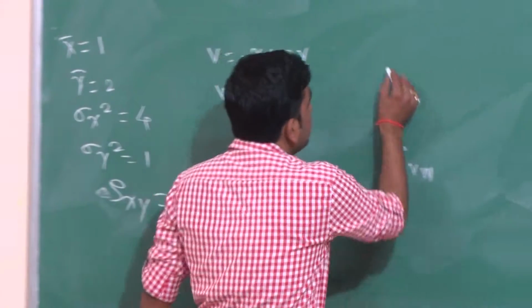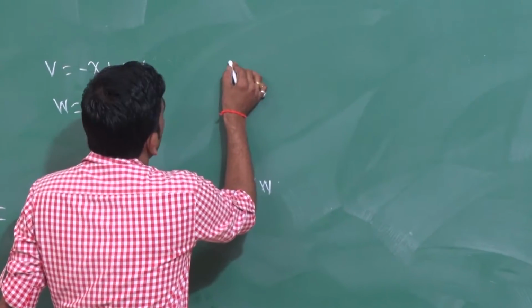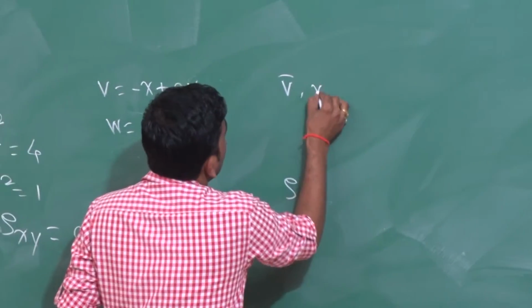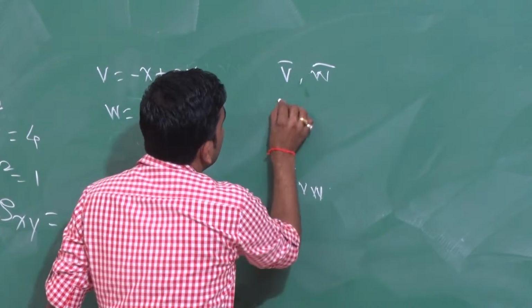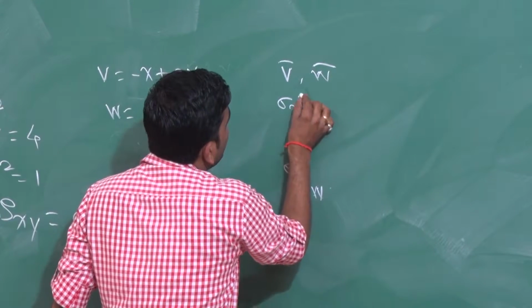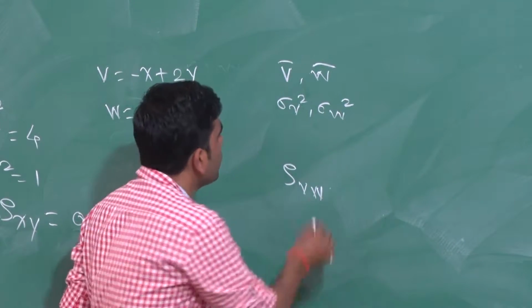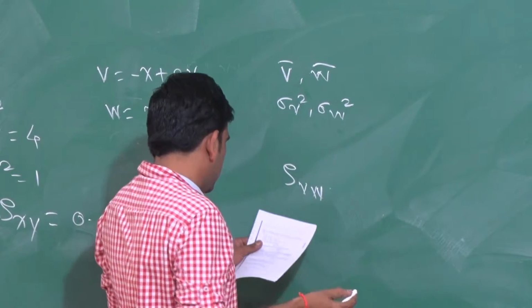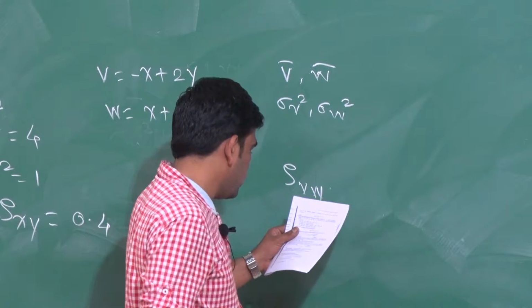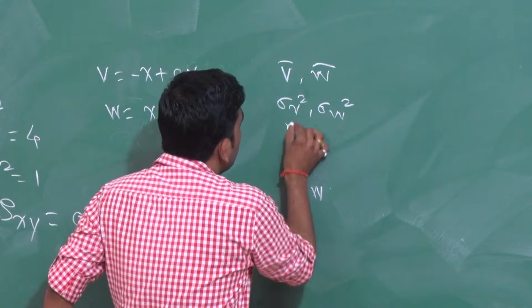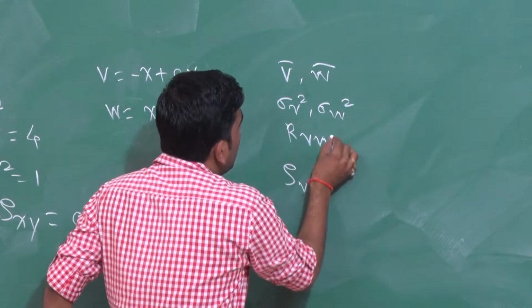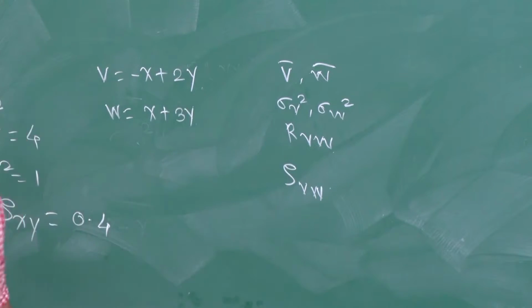So in this example we have to find out this correlation coefficient. Then your v bar, w bar, sigma v square, sigma w square, then your correlation, that is r vw, and finally we have to find out the correlation coefficient for these two random variables.